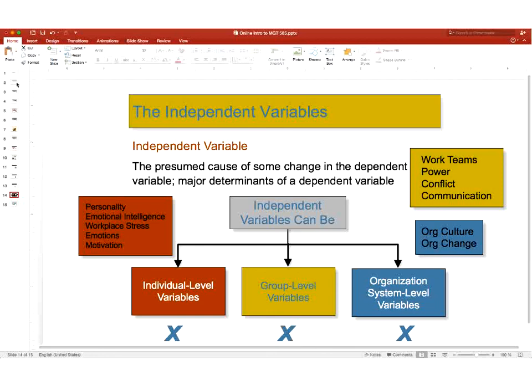From the group level, we want to look at work teams, power, conflict, communication, and other topics that demonstrate the behaviors of people when they are working together in groups. And then finally, from the organizational level, what impact does an organization's culture or organization change have on the employee and these dependent variables that we mentioned earlier?